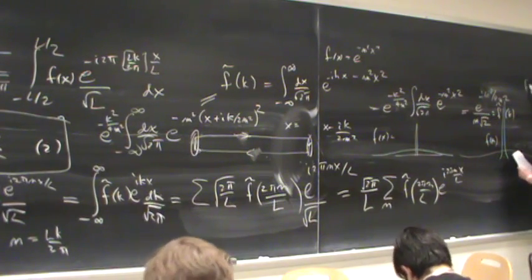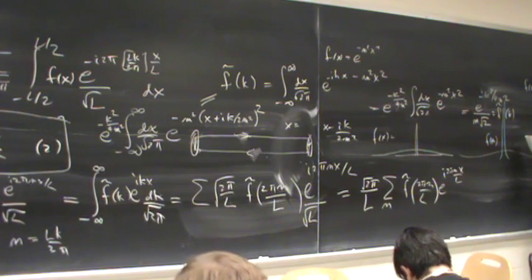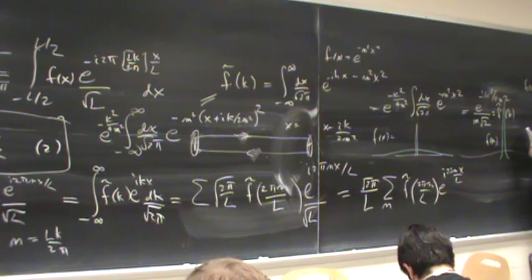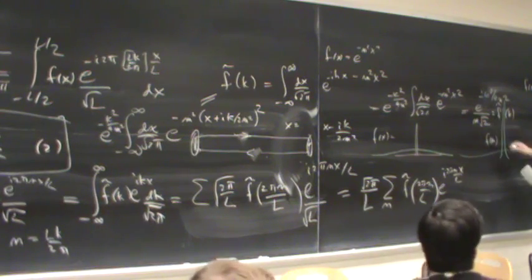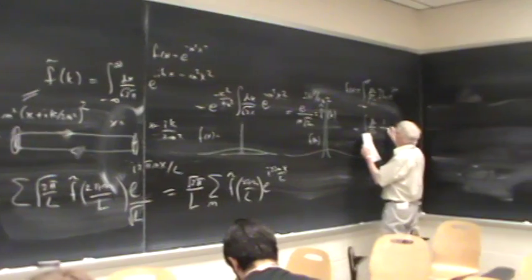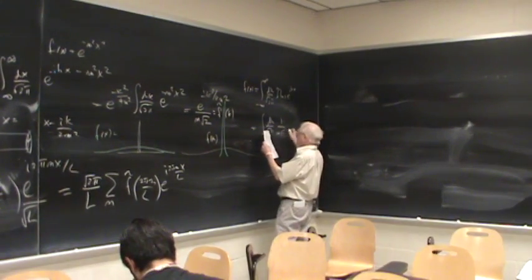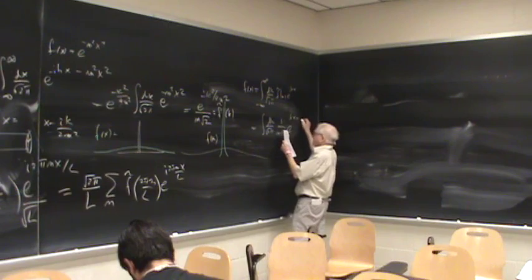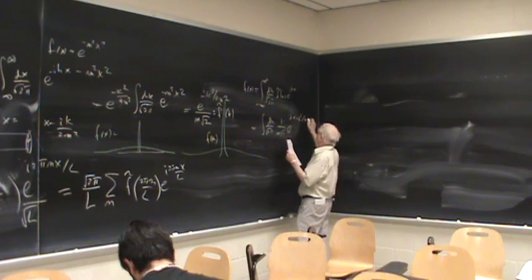Our inverse formula would be f of x is the integral from minus infinity to plus infinity dk over root 2 pi f tilde of k e to the i kx, and using this formula for f tilde of k, we have the integral dk over root 2 pi, 1 over m root 2, e to the i kx minus k squared over 4m squared.